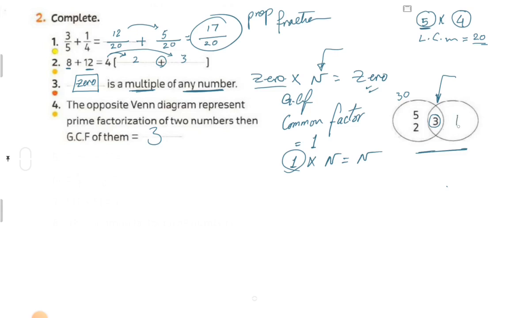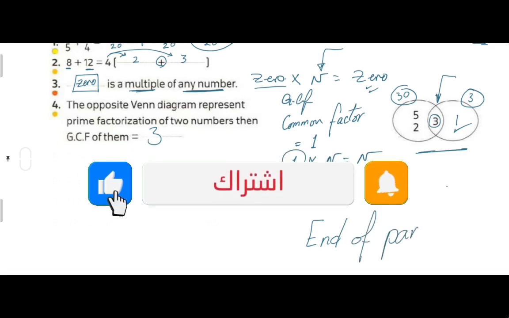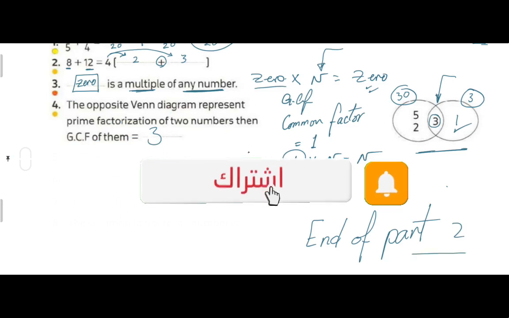Maybe 1 times 3 equals 3, just 3. 3 and 30 just have a common factor of 1 or 3. 1 is a common factor of all numbers, and 3 is the common factor between 3 and 30. And it's the end of part 2, and thank you.